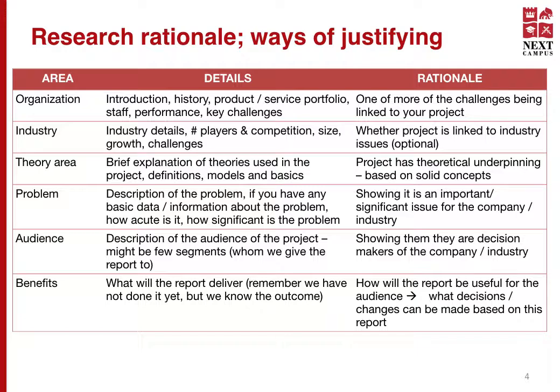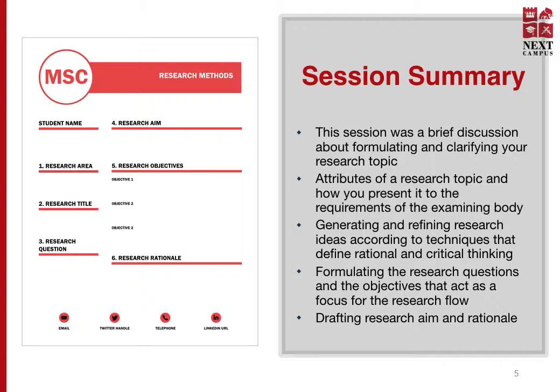Okay, finally let's look at the session summary, and in your additional reading folder you have this form which says MSc Research Methods. What I would like you to do is to take a couple of printouts of this document which you can use to build your research. If you see, there are points 1 to 6.